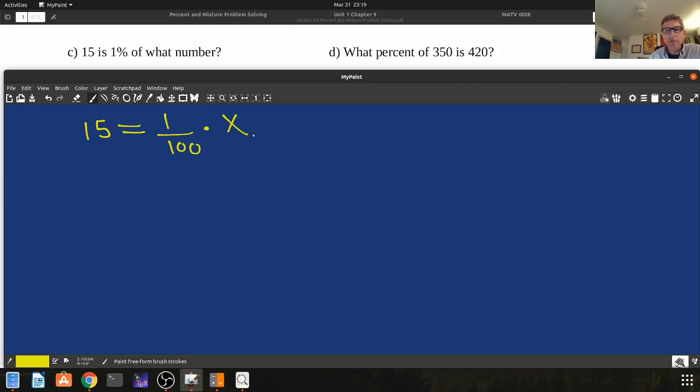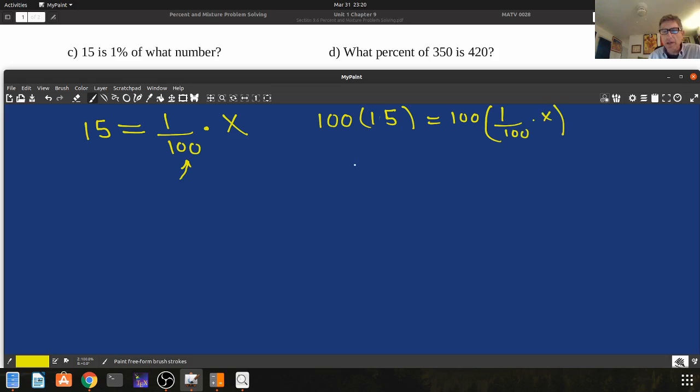Again, I'm going to solve this by multiplying both sides by 100. Why by 100? Because that's my only denominator. So that's 100 times 15 is equal to 100 times 1 divided by 100 times x.